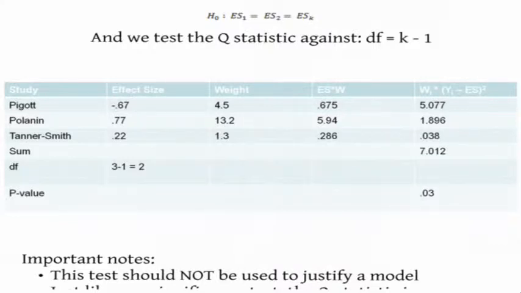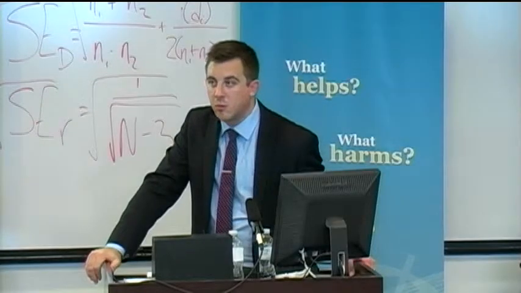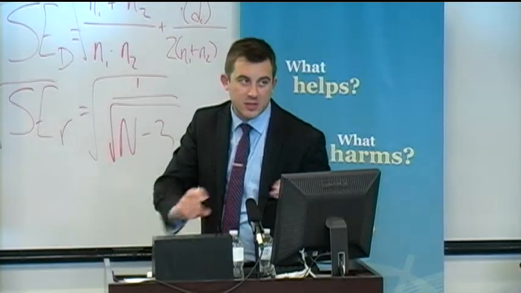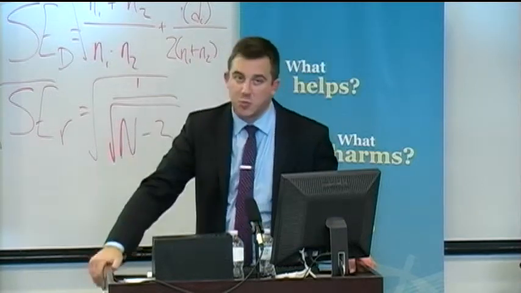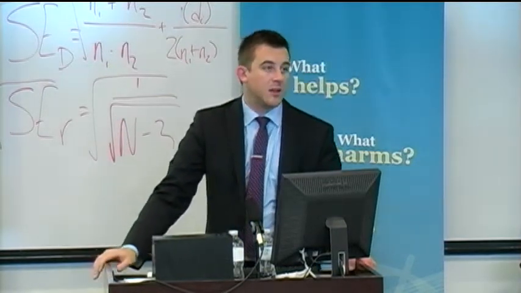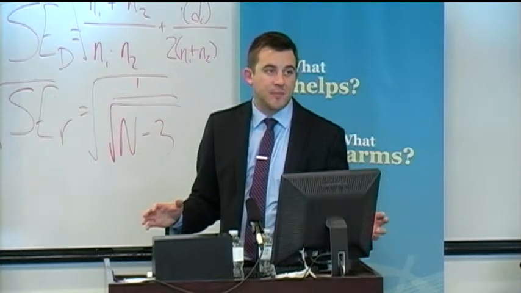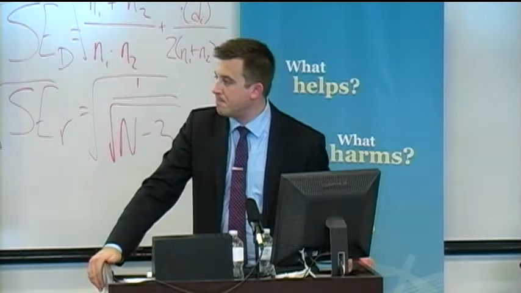And then you sum that up and compare that summation, 7.012, to 2 degrees of freedom on a chi-squared table, and you get a p-value of 0.03. And so once again, our null hypothesis was that all the effect sizes are the same, or represent the same underlying distribution. So because that p-value is less than 0.05, we're saying that they're actually a heterogeneous set of effect sizes. That one of them probably differs from the rest of them.